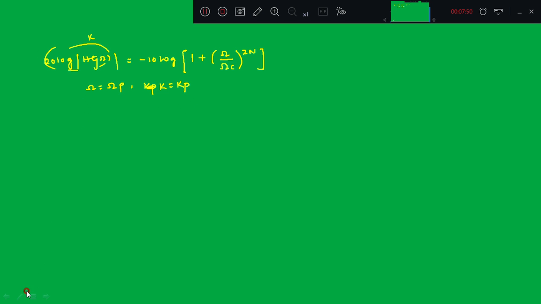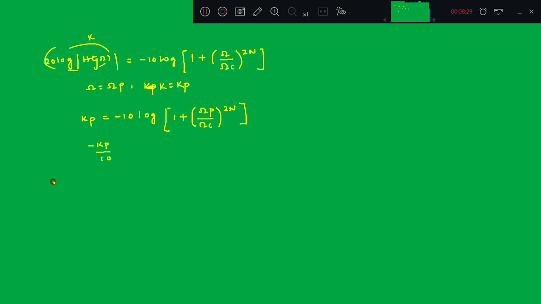k is equal to kp, so I will write kp here. This is nothing but kp equal to minus 10 log of 1 plus, ω is nothing but ωp, and this ωc I will keep as it is, that is (ωp/ωc) raised to 2n. Now let us simplify this. First we take minus 10 this side, so it becomes minus kp divided by 10.